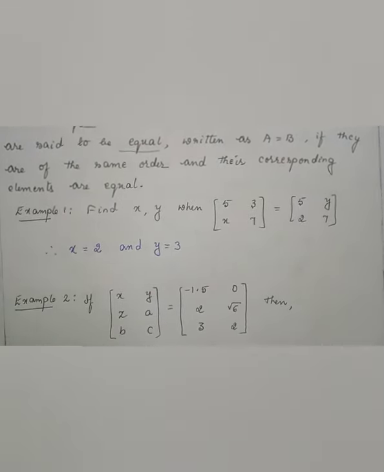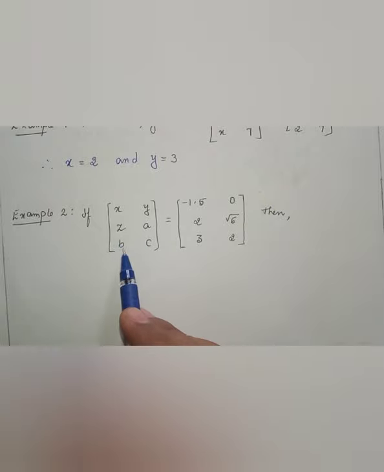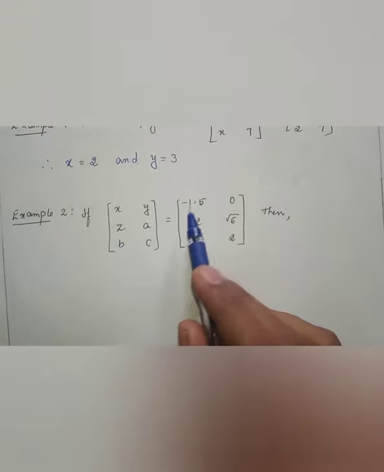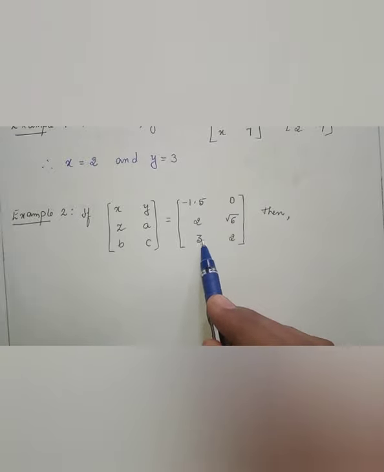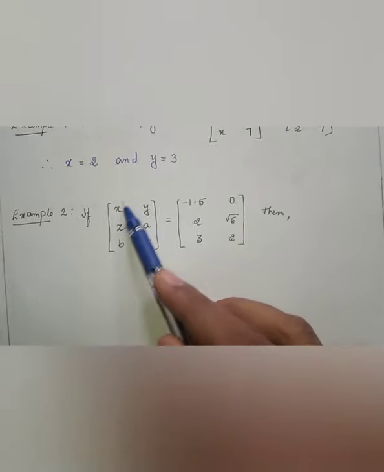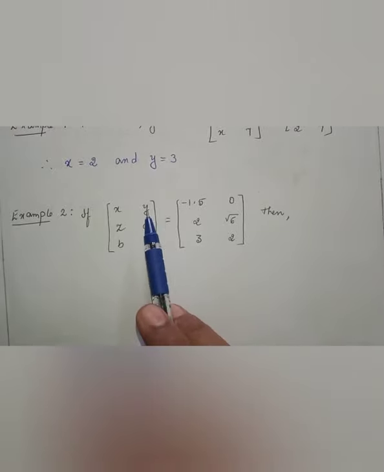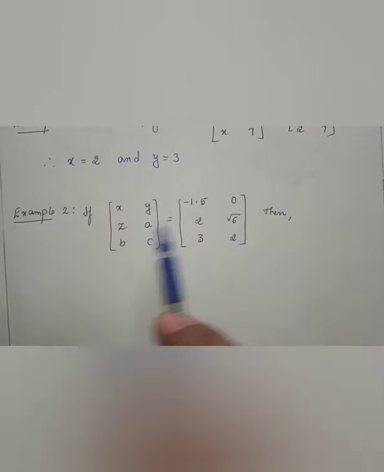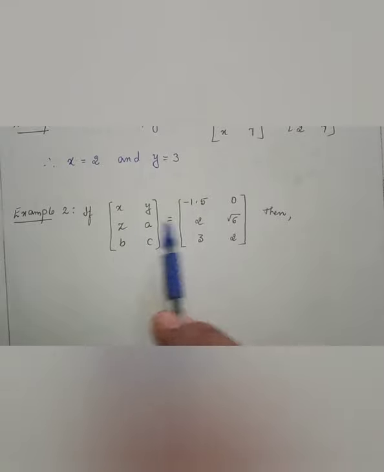Let's take one more example. If x, y, z, a, b, c is equal to minus 1.5, 0, 2, root 6, 3, 2, then find the values of all of these. Again, it is given indirectly that the two matrices are equal, therefore the corresponding entries should be equal.